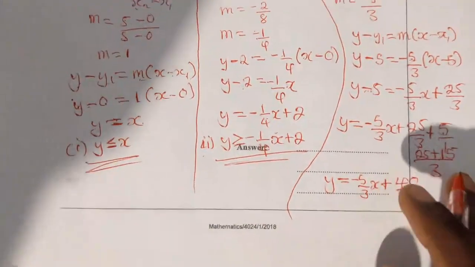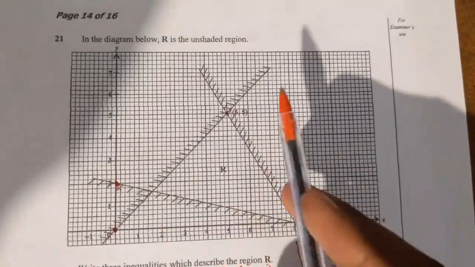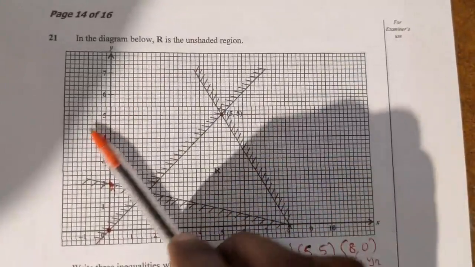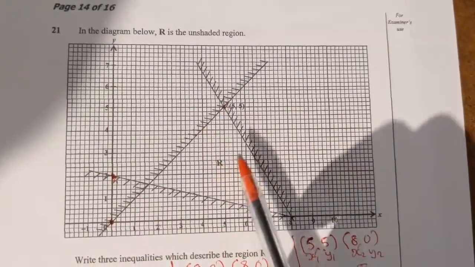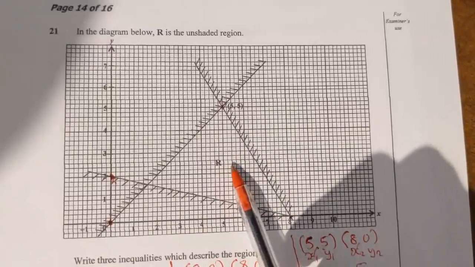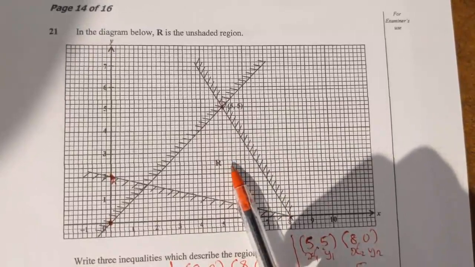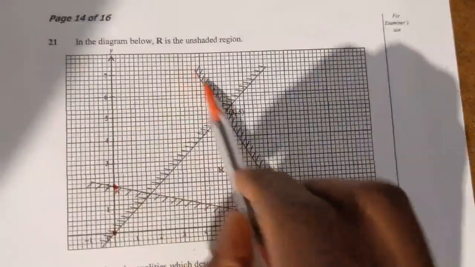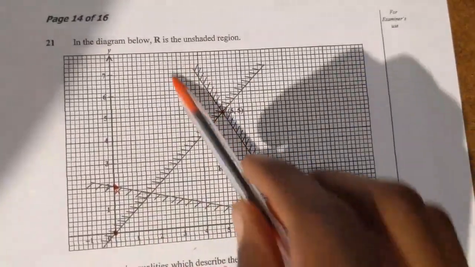So now what is the inequality? This one. The values of y, they are going to be decreasing, going to the region. So they're going to be decreasing, and it is a solid line, so it is going to be less than or equal to this.